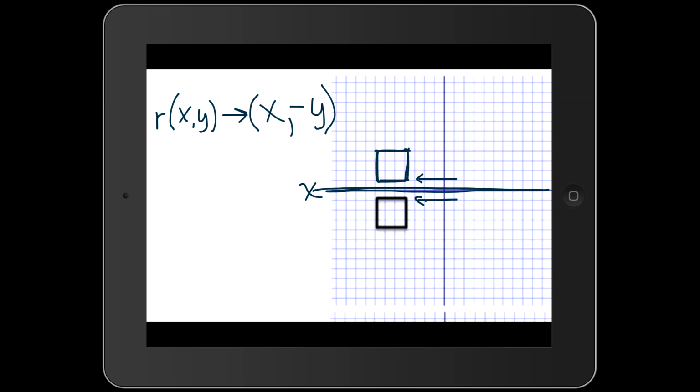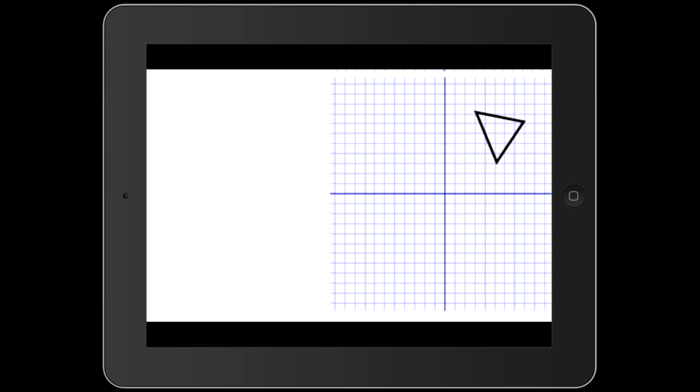Let's take a quick look at one more. So let's say I want to reflect over a line. And in this particular example, I'm going to use the line x equals 2. So I want to reflect this image over that line.